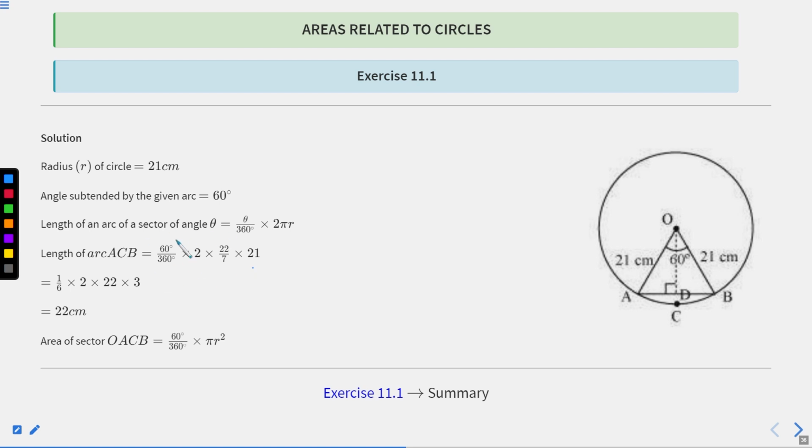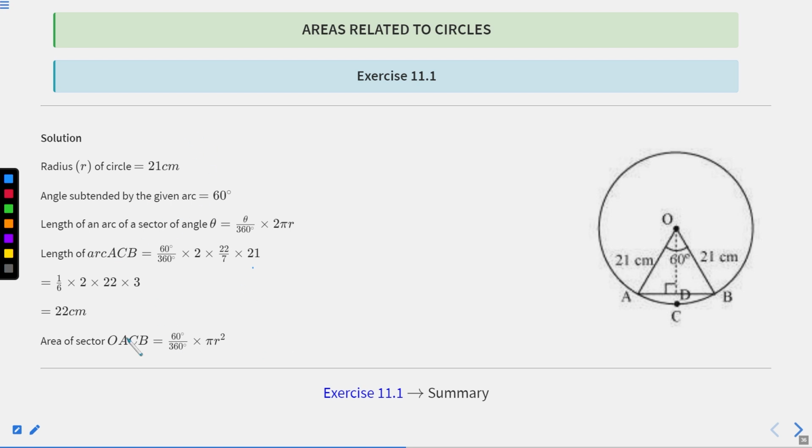Since theta is 60 degree, we put this value in the formula and we get length of arc ACB equal to 1 by 6 into 2 into 22 into 3, that is equal to 22 centimeter.